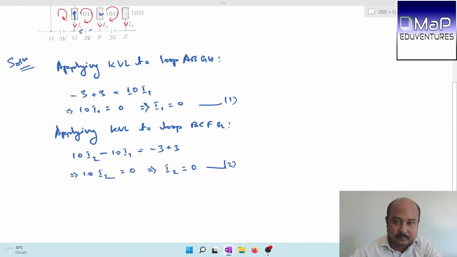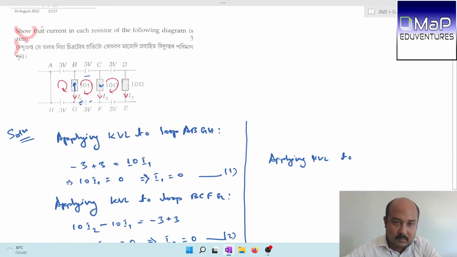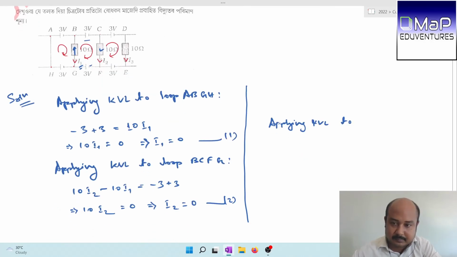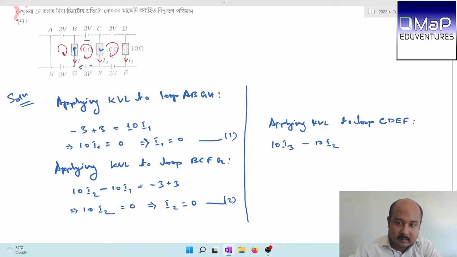Last, the same idea, same approach. Applying Kirchhoff's voltage law to the loop C D E F, G D E F, I again have 10 I3 minus 10 I2 equal to E minus 3.